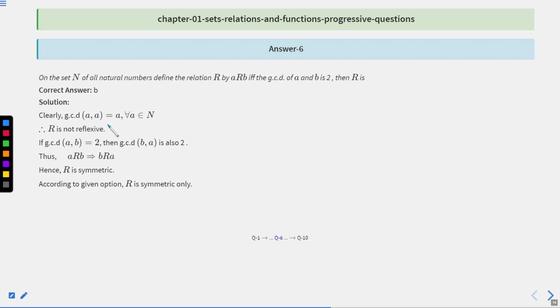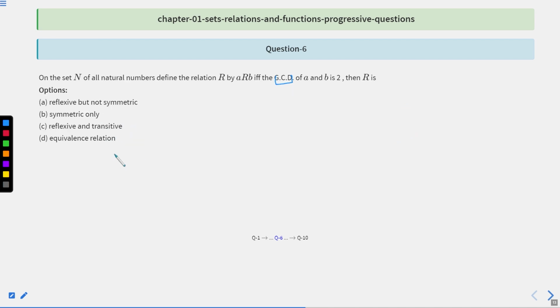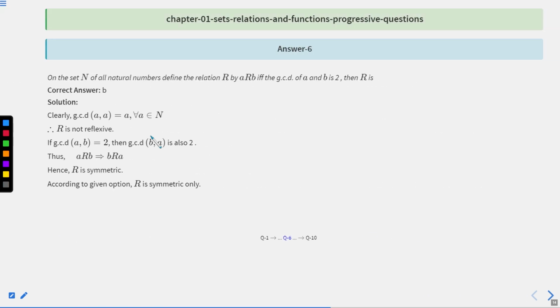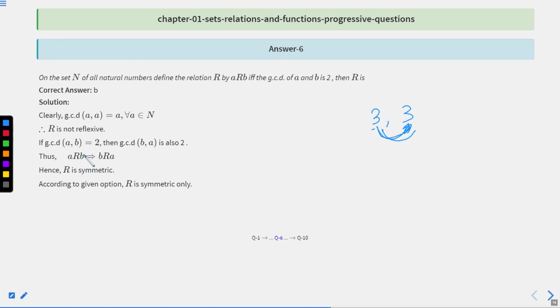So see, let's suppose 3. The greatest common divisor of A and A is A, right? So we can check the reflexive relation. Suppose we have taken 3 and 3.